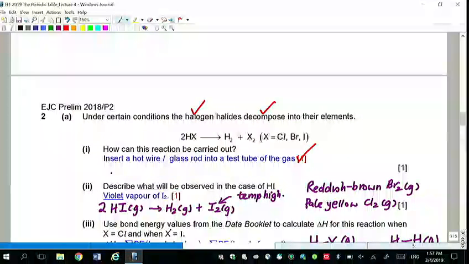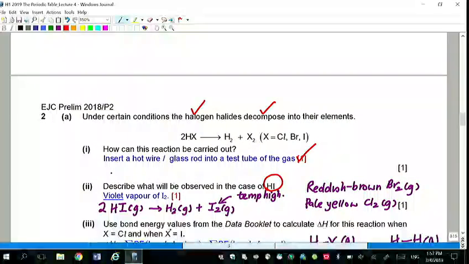But more importantly, they are asking you to describe what will be observed in the case of HI. In your HI, you know that the general trend of thermal stability of your group 17 hydrides down the group is that it will become less thermally stable. Thermal stability decreases. Hence, your HI will decompose to form hydrogen gas and iodine gas.